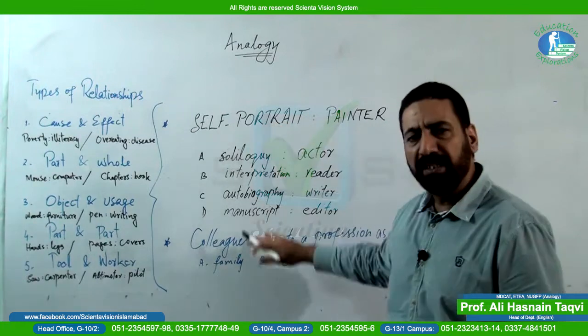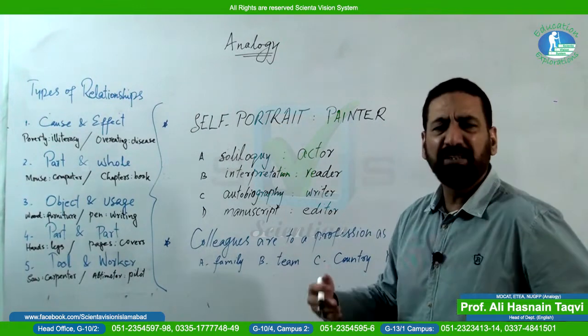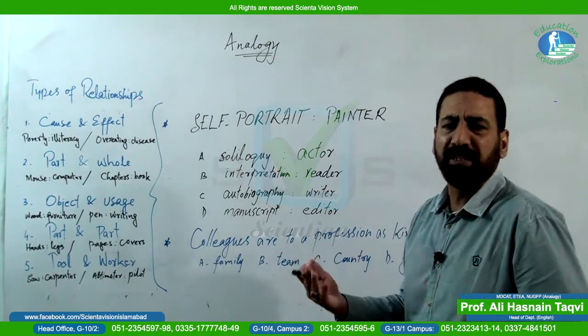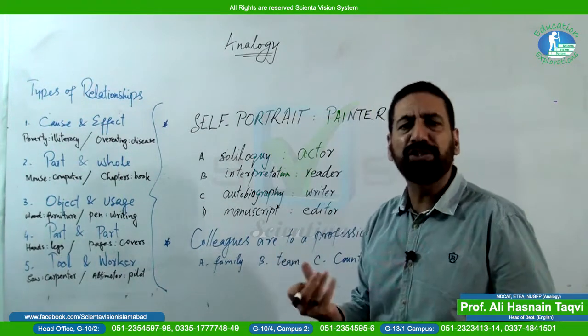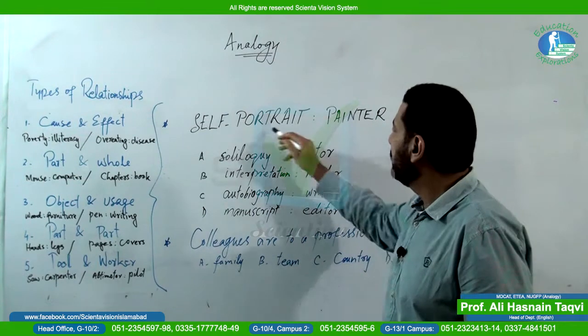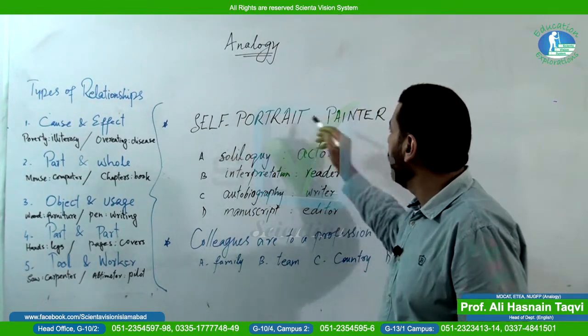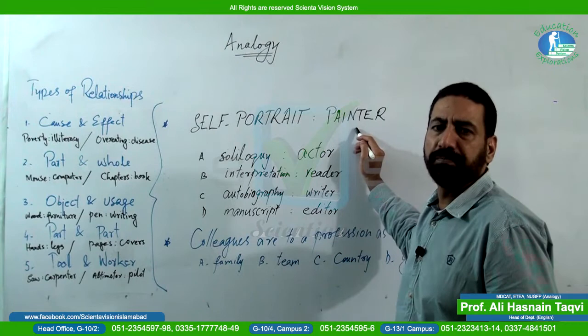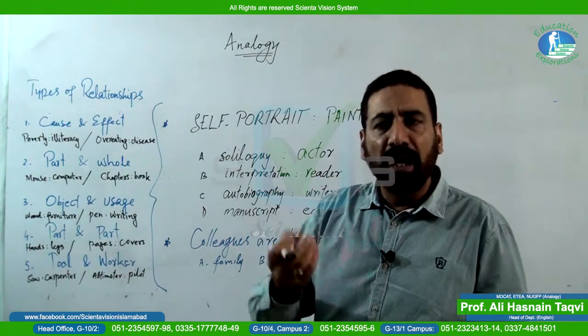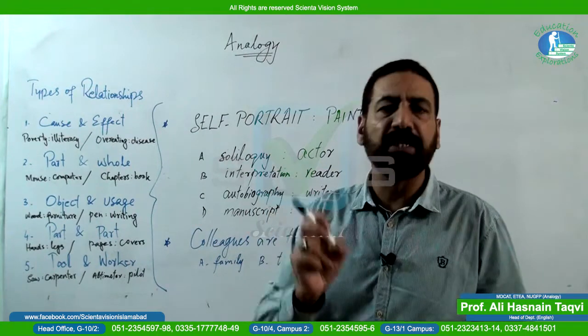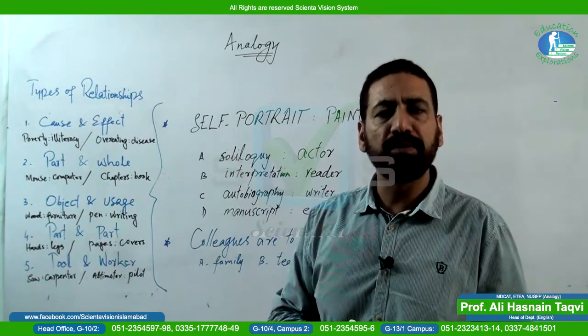Now, even without seeing the options, and I would recommend that you don't see the options to begin with, you simply try to establish the relationship between the original pair and see in what way this word is connected to painter. If you can do that, you obviously have an understanding of the relationship. That is what analogy is about.